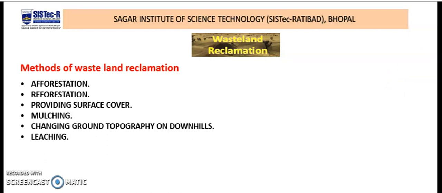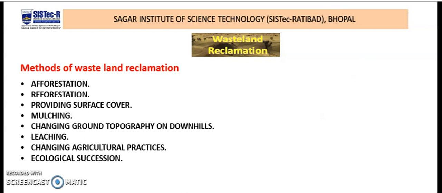Next method is leaching. In the salt affected land, the salinity can be minimized by leaching them with more water. Next is changing agricultural practices like mixed cropping, crop rotation, and cropping of plants are adopted to improve soil fertility.